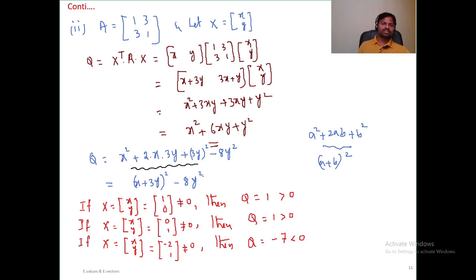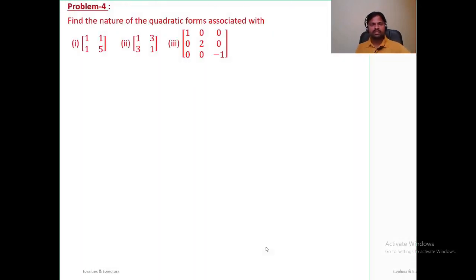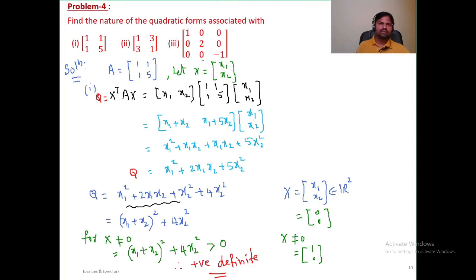Sometimes it is positive, sometimes it is negative, so it takes both. It is more than 0 and less than 0. What can I say about Q? Q is indefinite. Similarly, take the third one as an exercise and verify the same.